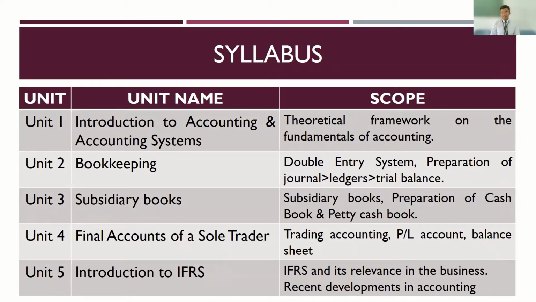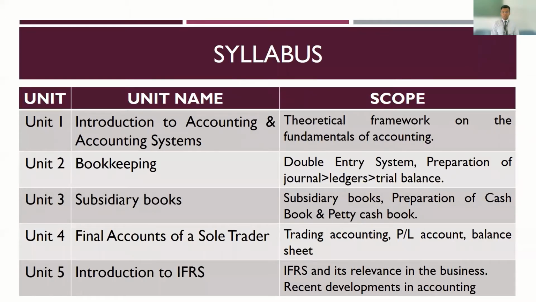This is a theoretical unit. Here, we will be learning the theoretical framework with which accounting is carried out, the theoretical concepts associated with accounting. We would learn what is accounting, what are the branches of accounting, why does a business need accounting, etc.